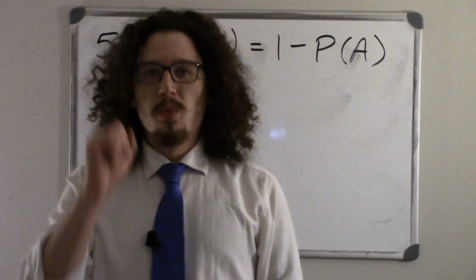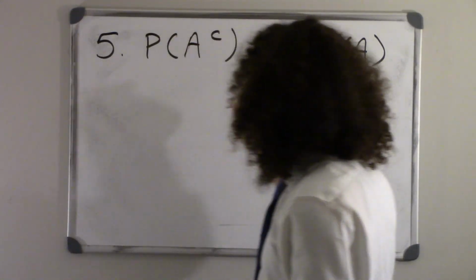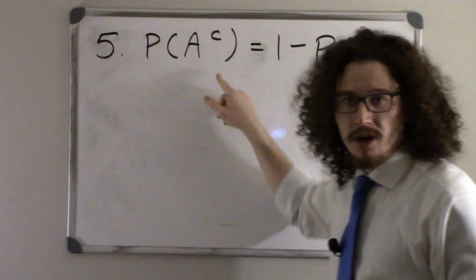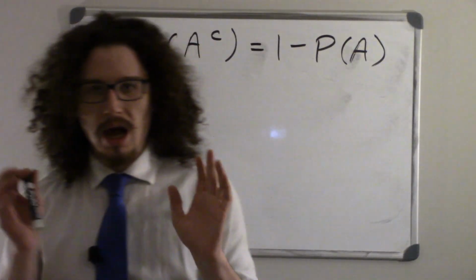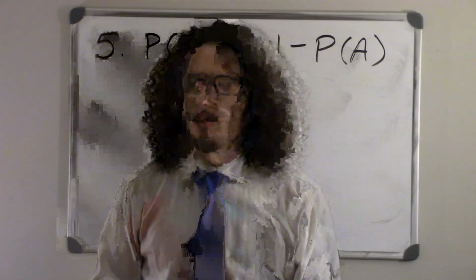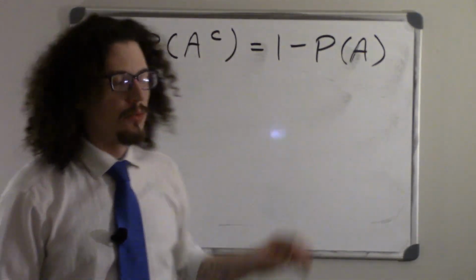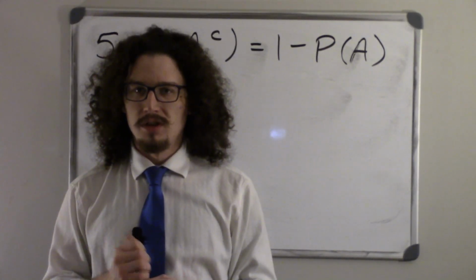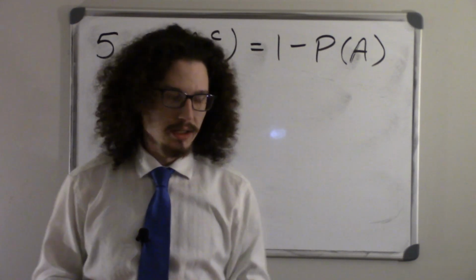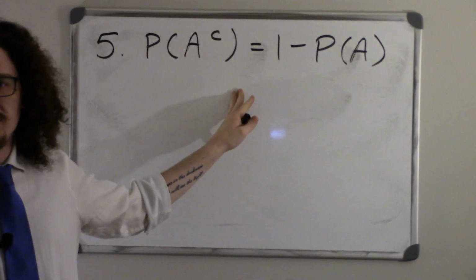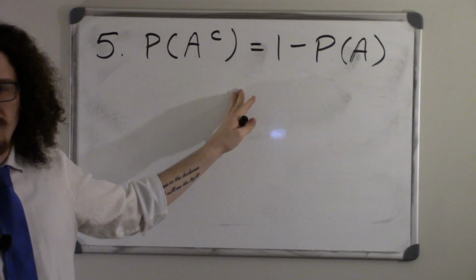This one's relatively simple, so we're not even going to run through an example for it. I will say that this is also going to be a very important one later on. I almost guarantee that you're going to forget about it, but we'll remind ourselves of this law of probability and how important it is.